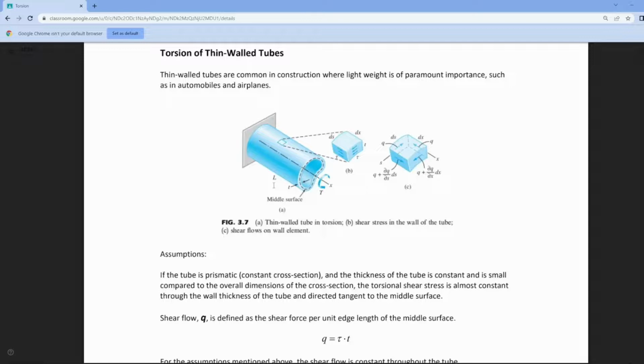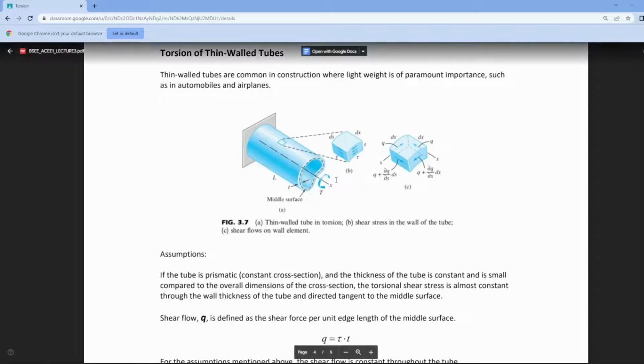So there are certain materials for specific purposes, right? Here we have a thin-walled tube in torsion.